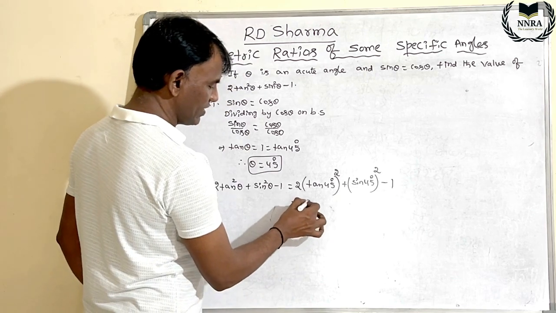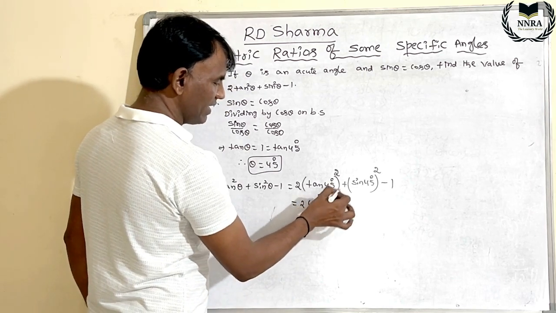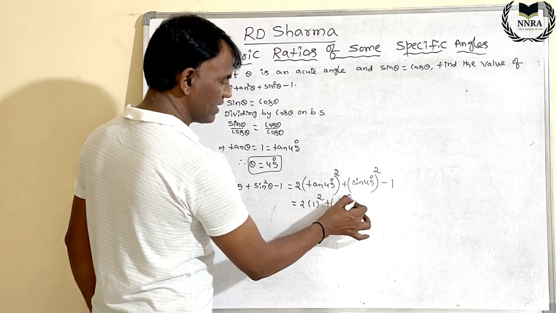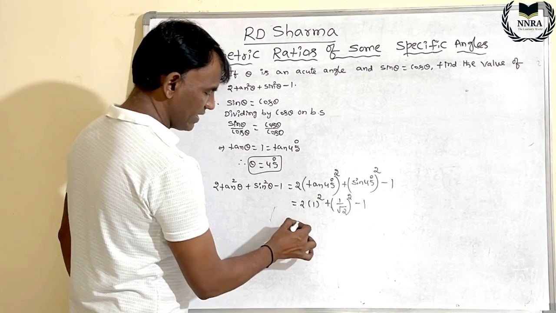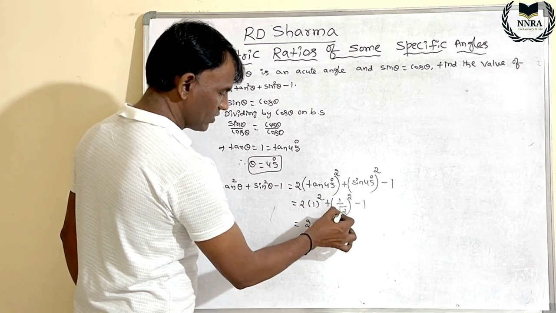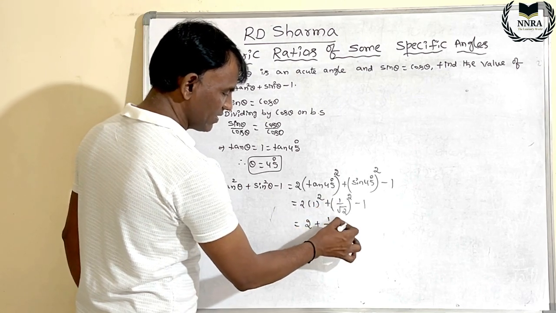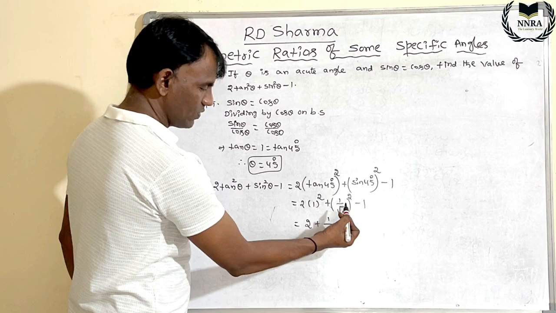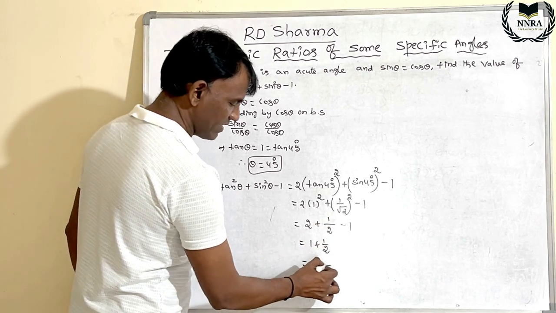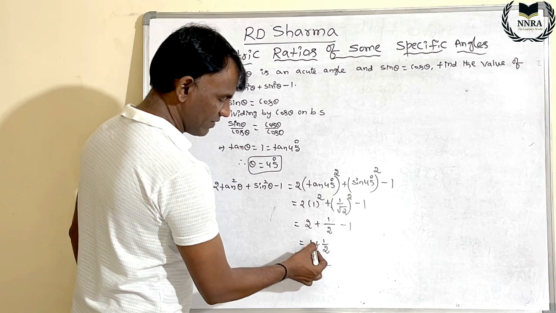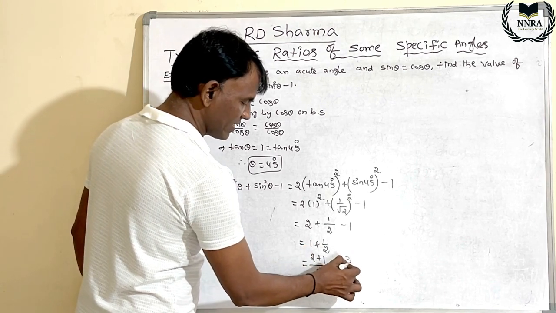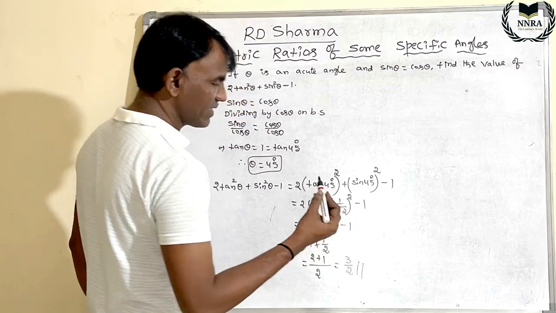So 2 into 1 square, and sin 45 is 1 by root 2, then 1 by root 2 whole square, then minus 1. So here it is 2, and 1 square means 1, root 2 whole square means 2, minus 1. So 2 minus 1 is 1 plus 1 by 2. Now LCM is 2. So cross multiplication, 1 into 2 is 2, then plus 1. So 2 plus 1 is 3. So 3 by 2 is the answer.